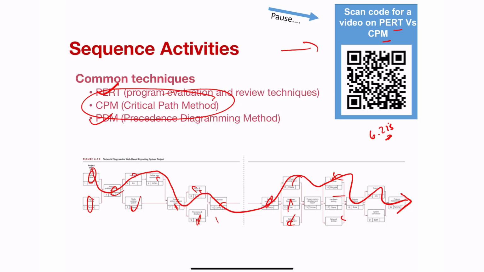Let me repeat that. The critical path method works on the principle that within the network, there is a chain of activities that is absolutely critical to the overall success of the project.